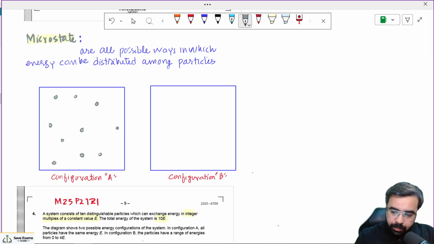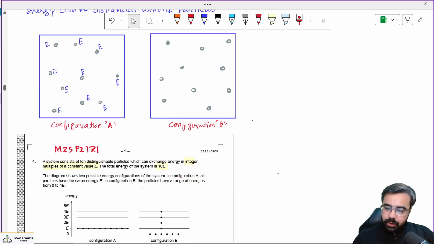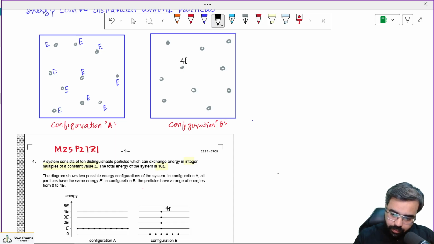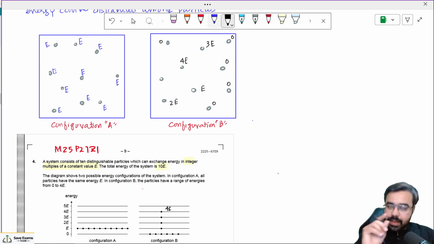Now remember, all of them have the same energy according to configuration A. But what about configuration B? One has energy 4E, one has energy 3E, another has energy 2E, then this is E, and these are the particles which have no energy. So they are at the zero energy level here. So there are a total of 6 particles.